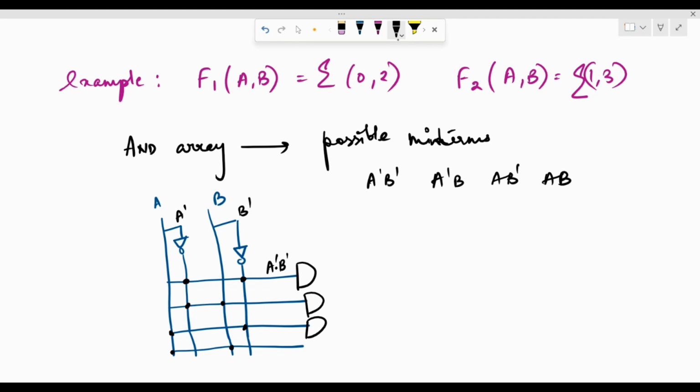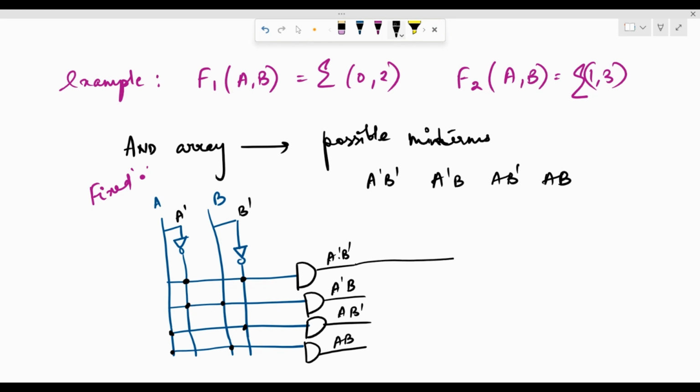Since the AND array is fixed, that is the reason why we are using the dot as the symbol to show how we are getting these minterms. So at the output of these AND gates, what we are getting is all of these minterms: here A' B', here A' B, AB' and AB.